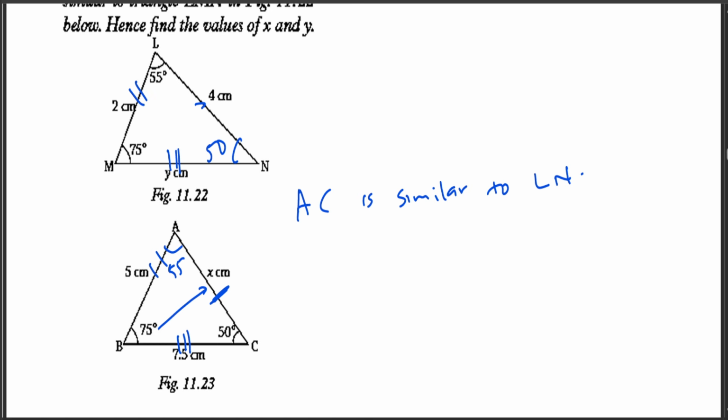Now let's continue. Now let's find the linear scale factor. The linear scale factor is gotten through this and this. That is, you take AB divided by LM because they are similar. So AB, which is 5, divided by 2, you're going to get 2.5.